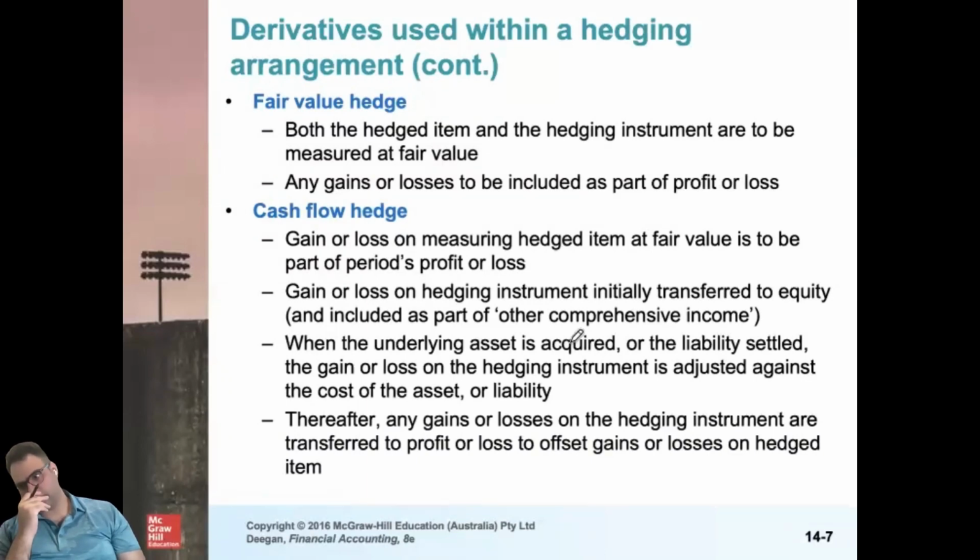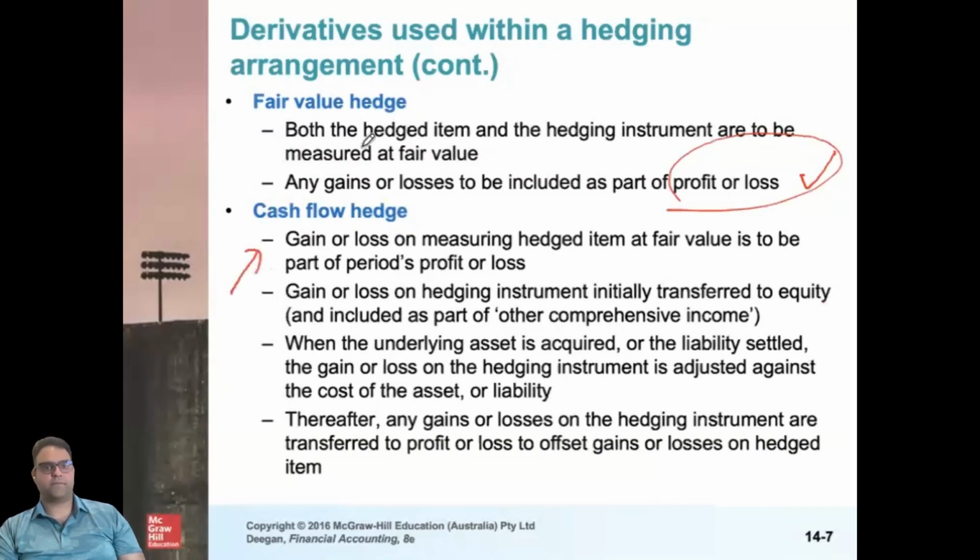The basic difference is that in fair value hedging, whatever profit or loss we gain from this financial instrument, we just charge into the profit and loss account. Whereas when we do hedging using cash flow, of course we have to pay some money to the broker, and then we also see what the future value of that spot rate will be when the contract is done. So we do the calculation based on that estimate, and we calculate the profit or loss accordingly.